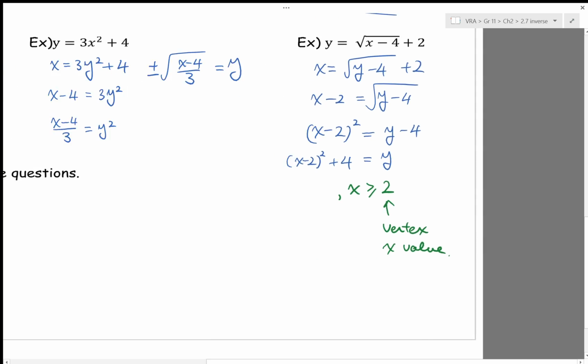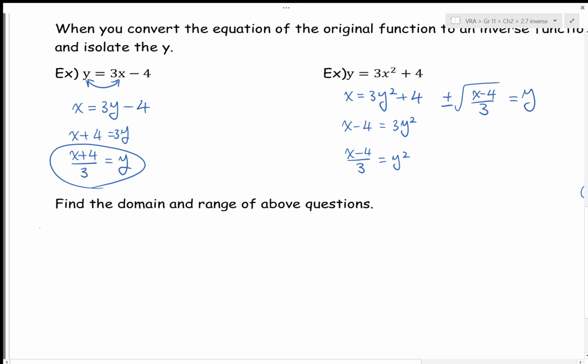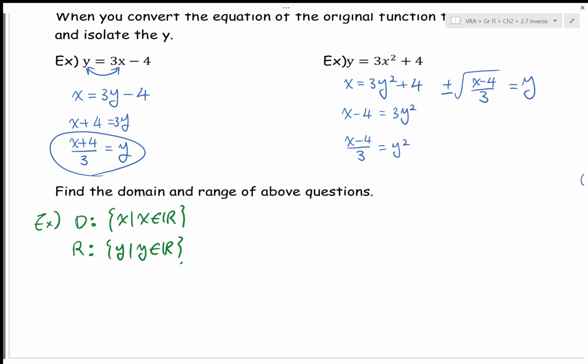Now it says find the domain and the range of it. Well, the first example has the domain of x such that x is an element of the real numbers, and the range is also y such that y is an element of the real numbers. As I said, the inverse and the original switch the x and y in the ordered pairs, so their range and domain also switch.